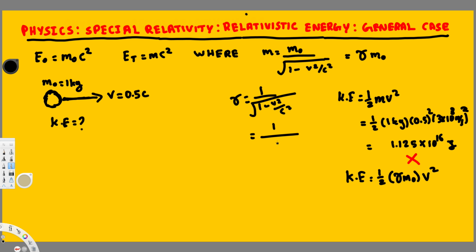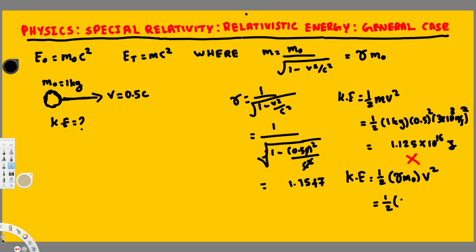If you plug in the values, this is going to be 1 over the square root of 1 minus 0.5 c squared over c squared. This c squared cancels, and you will end up with this equation. If you calculate this value, you will get 1.1547.